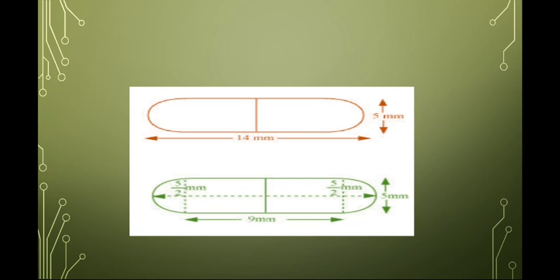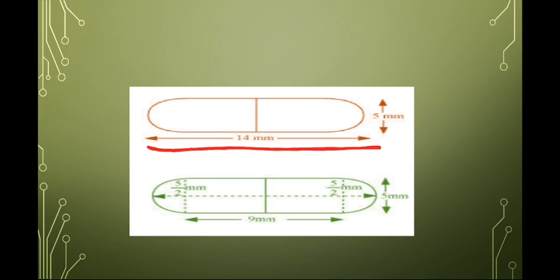If you look at this cylindrical portion, the diameter of it is equal to the diameter of the hemisphere. That means the radius of the cylinder will be equal to the radius of the hemisphere, which is 5 by 2 millimeter. Now what will be the height of the cylinder? If you look at the diagram, from here to here the total distance is given as 14 millimeter.